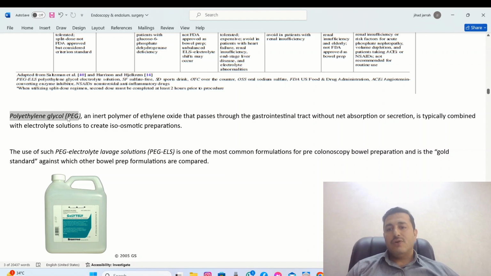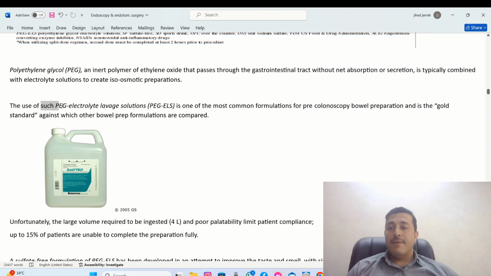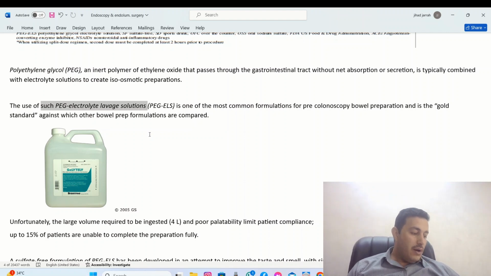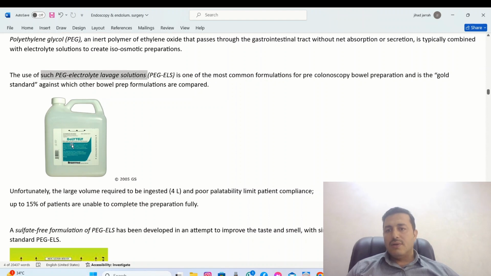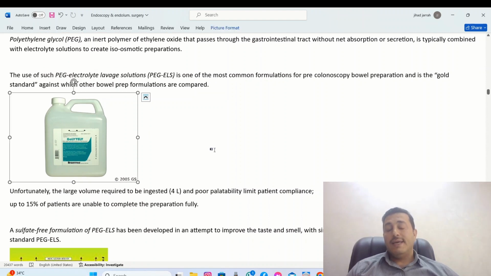Usually the polyethylene glycol is combined with electrolyte solution to be isoosmotic or slightly hyperosmotic, and this is the polyethylene glycol electrolyte lavage solution. This means that it is polyethylene glycol with some electrolyte solution. This is the gold standard, the most popular to use. Okay, this is the polyethylene glycol electrolyte-free solution, GoLYTELY.